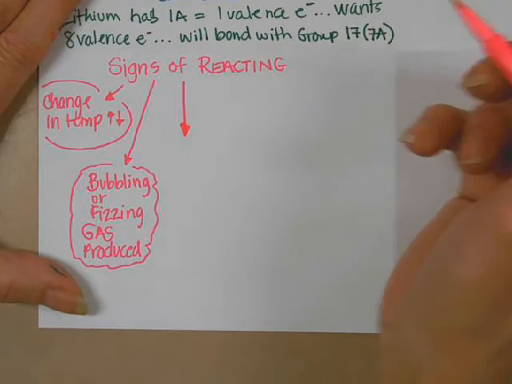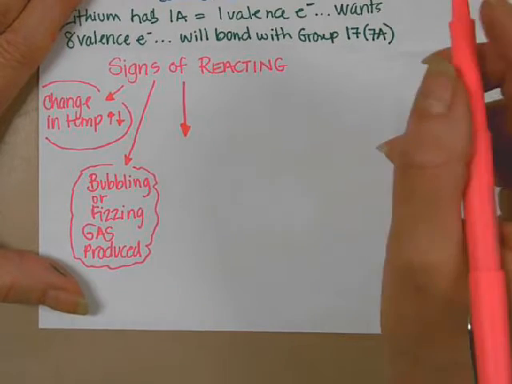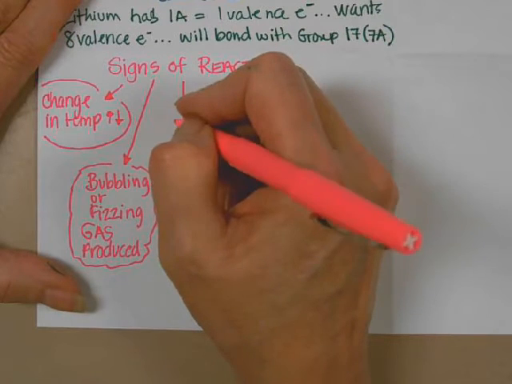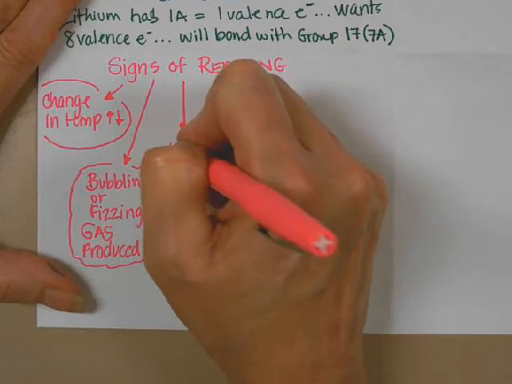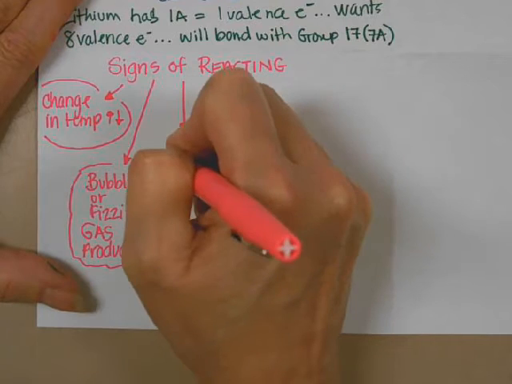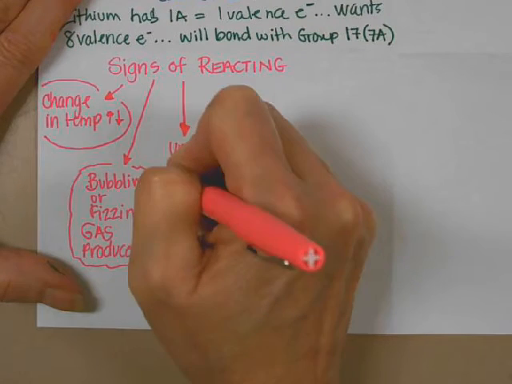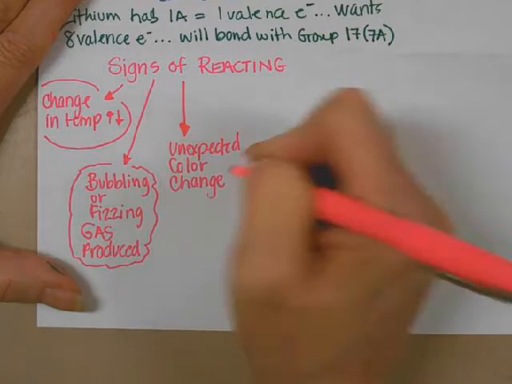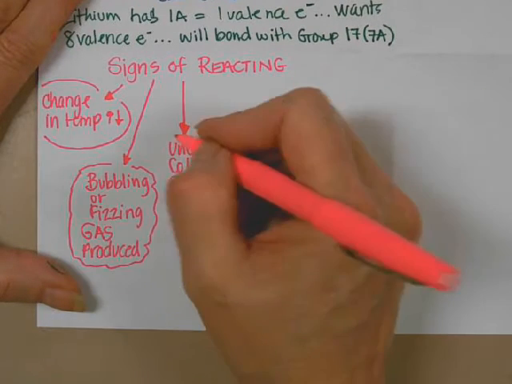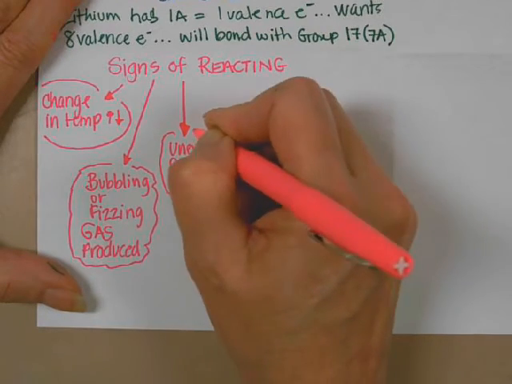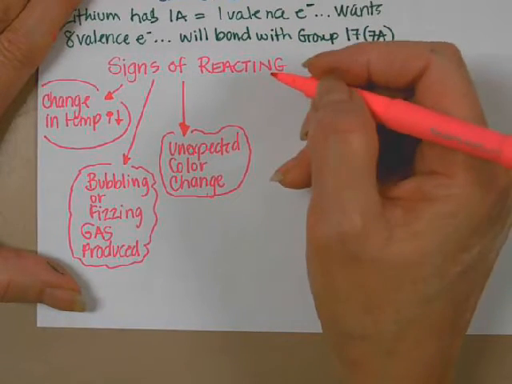We might add two things together and have a totally unexpected color change. Like we had with the liquid sunshine, two clear liquids produced a bright yellow, so we didn't expect that because there was no yellow there before. So that would be a sign of a chemical reaction.